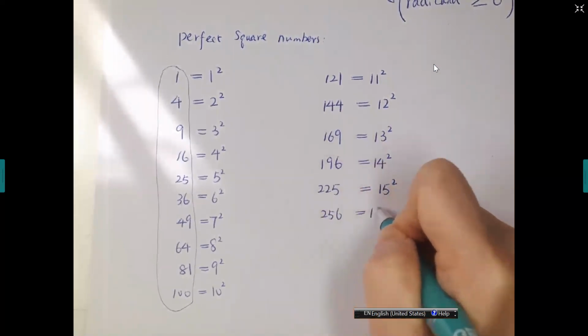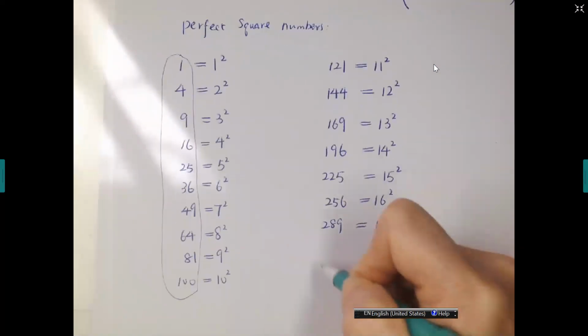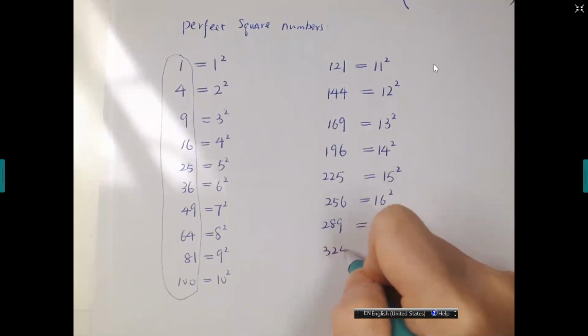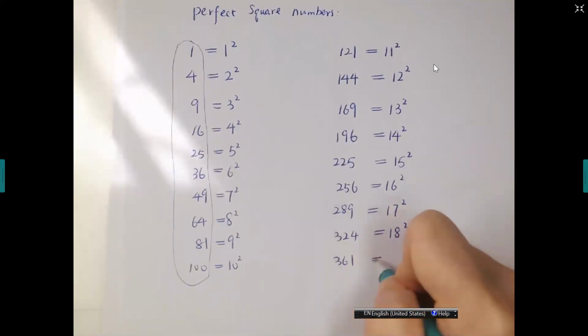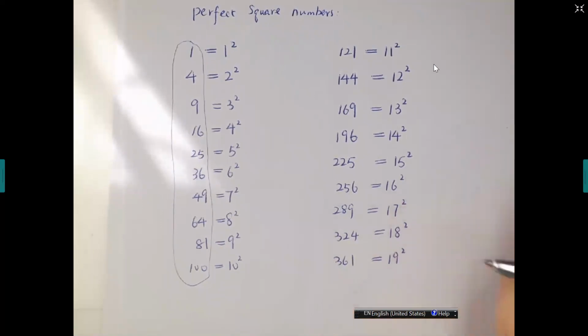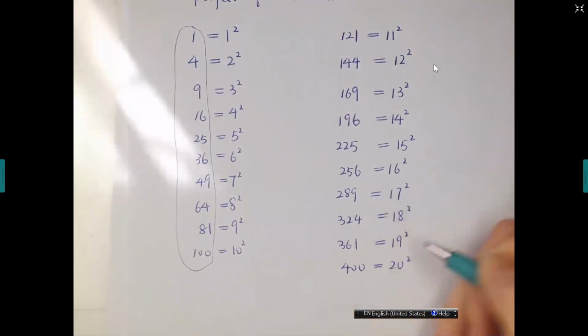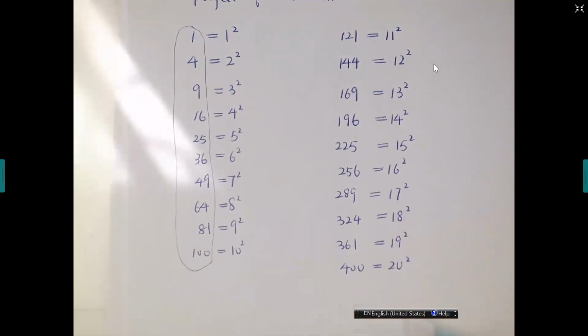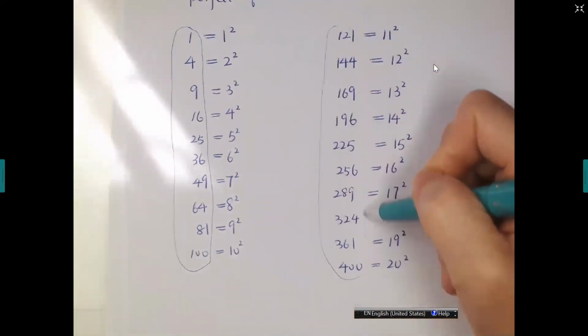256 equals 16 squared. 289 equals 17 squared. And 324 equals 18 squared. 361 equals 19 squared. And 400 equals 20 squared. Okay, and those are not mandatory, but it's very helpful if we are able to recognize those numbers.